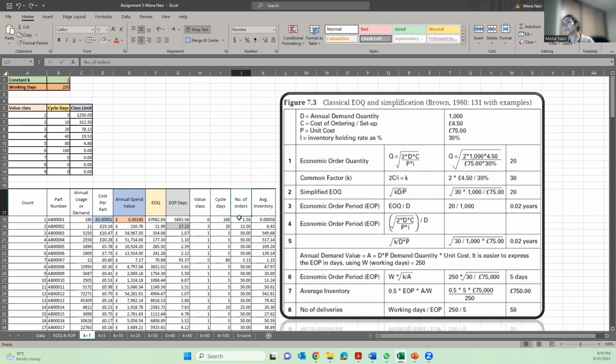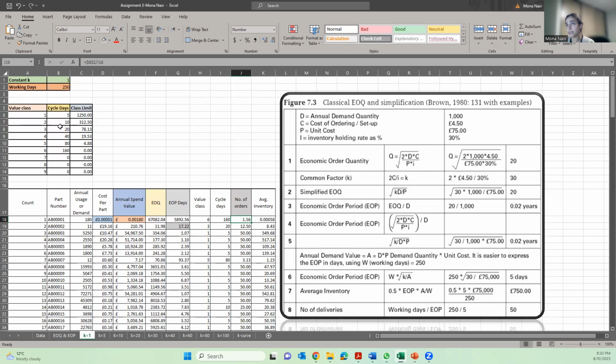Then we go to number of orders. As you can see, the formula for number of orders is working days divided by cycle days.